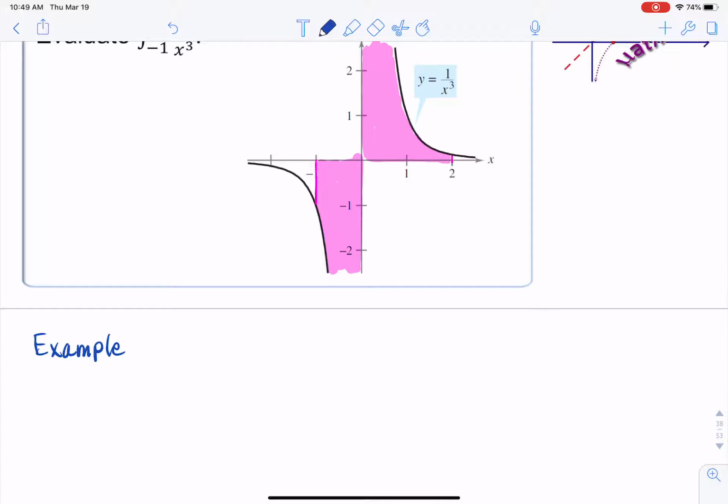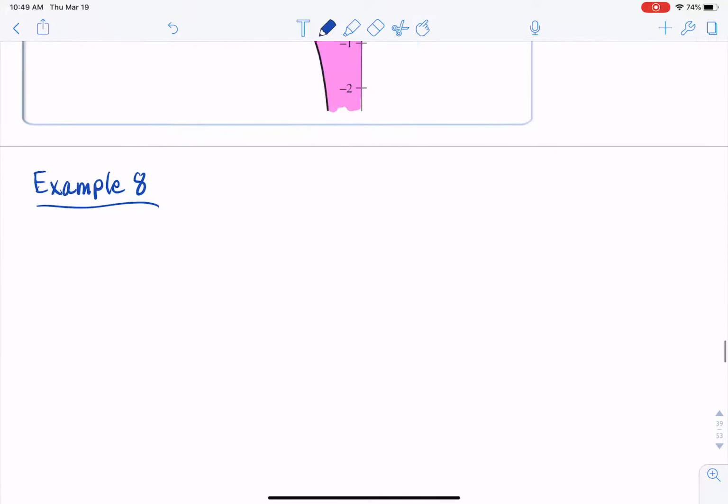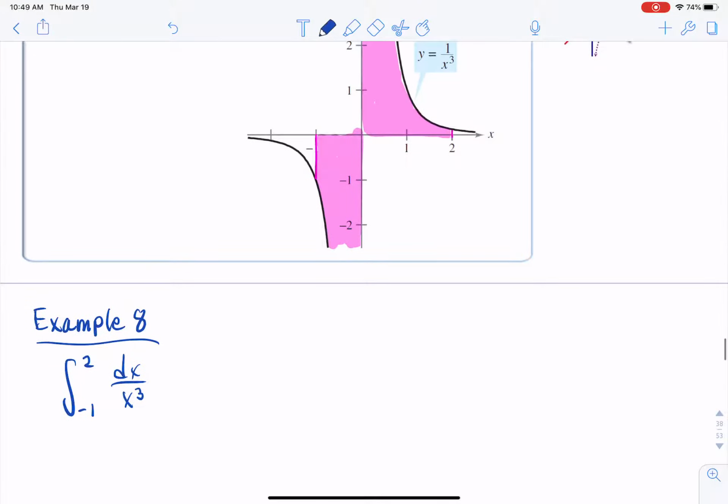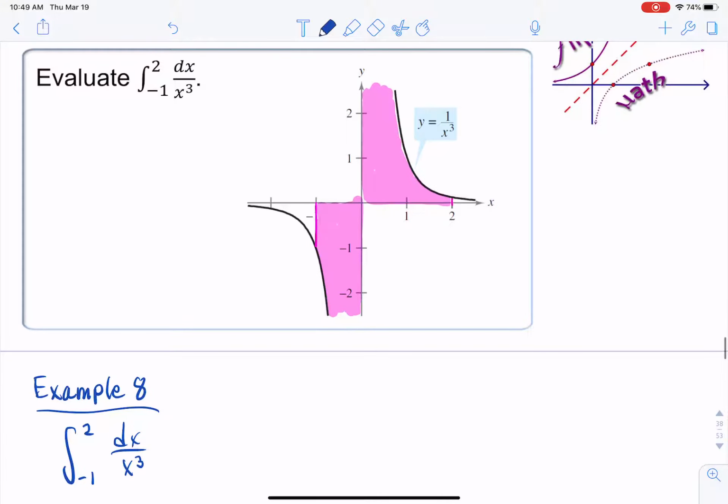Example 8. This time we're taking the definite integral from -1 to 2 dx over x to the third. Here's one where we have an asymptote in the middle of the interval we're working with. It's right here at 0.